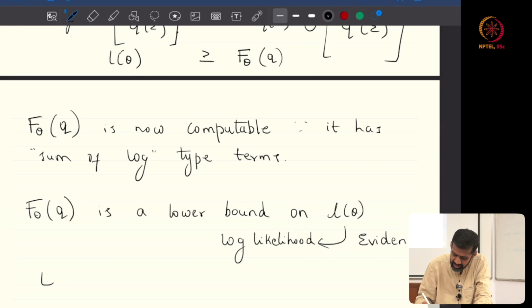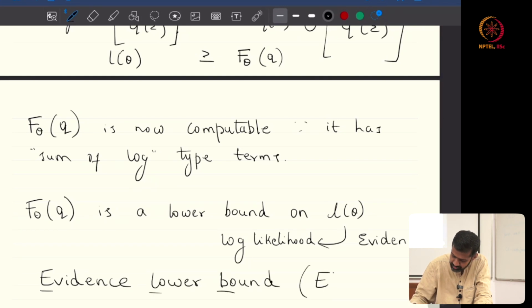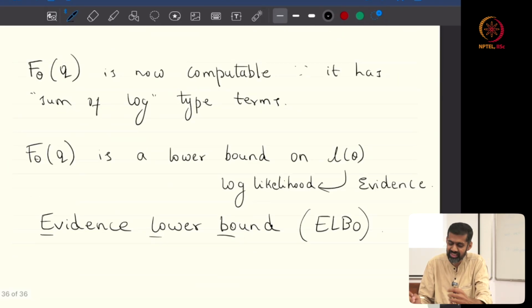Therefore, it is the evidence lower bound, abbreviated as ELBo. You might have heard of ELBo optimization. Basically it is constructing a lower bound on the log likelihood and optimizing it, that is it. And this lower bound comes through Jensen's inequality.